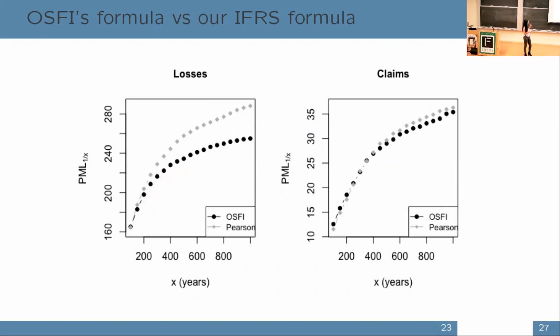And again, for the claims, we see that there's a much closer gap between the two. Well, the guy who said this LP norm was a bit random, but still we're not so far if we rely on other countries' assumptions and calculations.